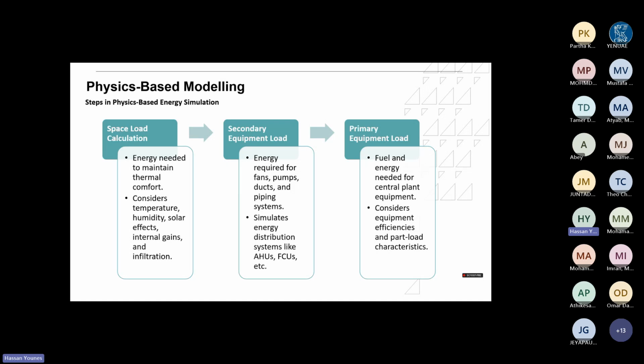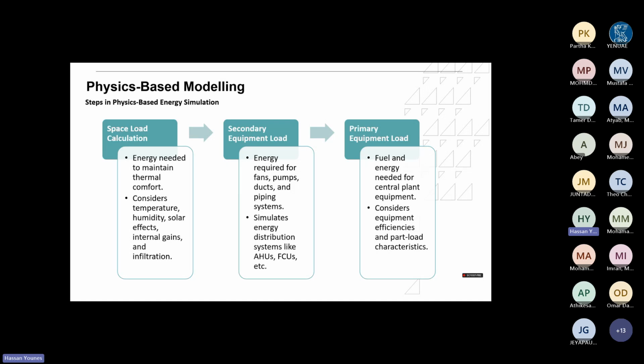That's basically more accurate. We consider the temperature, indoor and outdoor, humidity levels, indoor and outdoor, solar effects, radiation, internal gains, and infiltration. So any kind of loads that would affect my consumption would need to be considered. Then from that, we get to the equipment.